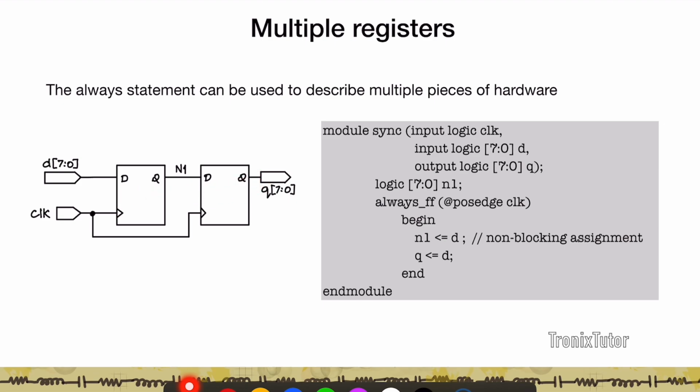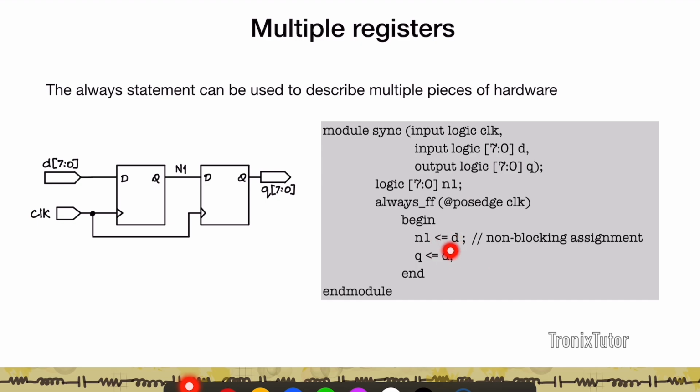So how do you code this up again? It has an input clock and the input D signal and output Q signal. I define an internal variable within the module, which is my N1. Now again, at the positive edge of the clock, I'm doing two non-blocking assignments. The first thing I'm doing is I'm letting N1 follow D and I'm letting Q follow N1. Now because these are non-blocking assignments, both of these are going to be done at the same time.